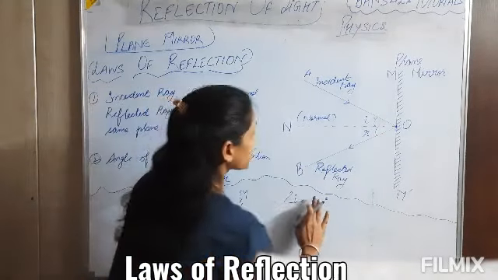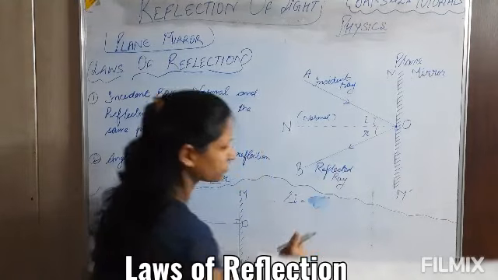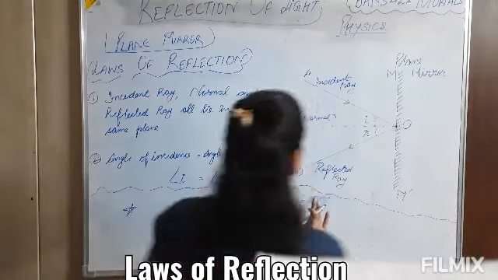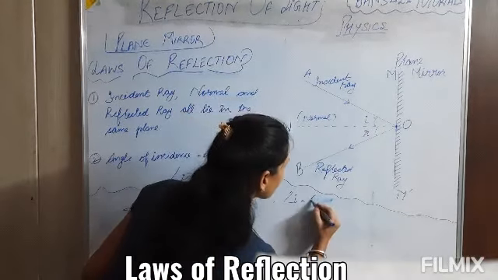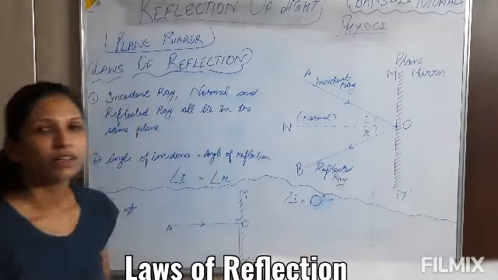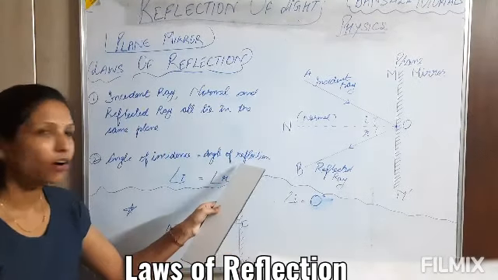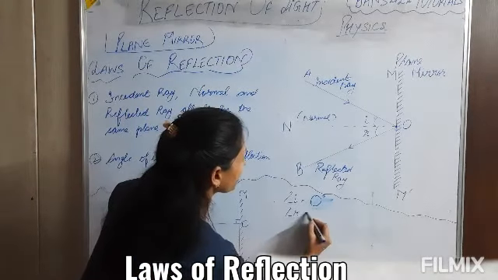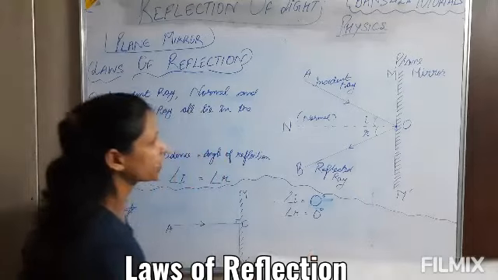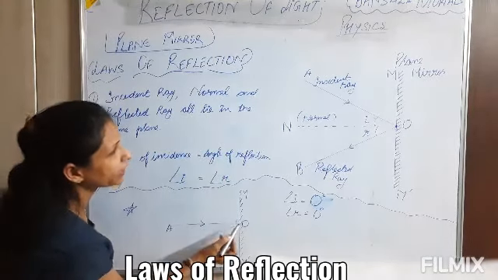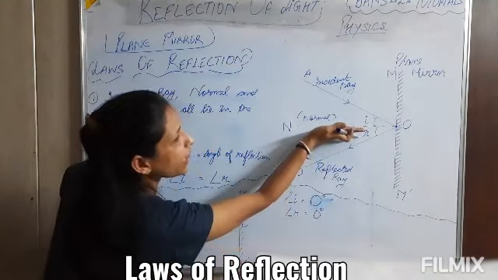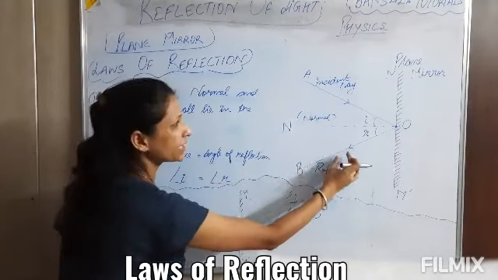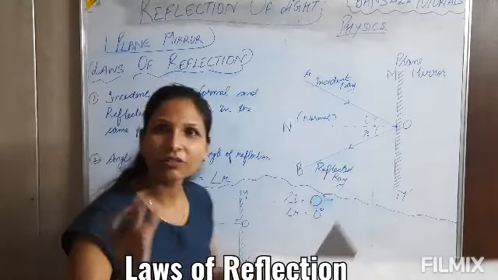So it is 0 degree with the normal. The angle of incidence is 0 degree. So according to the second law of reflection, angle of reflection will also be 0 degree. So the reflected light will make 0 degree angle with the normal. Means it will not make any angle with the normal.